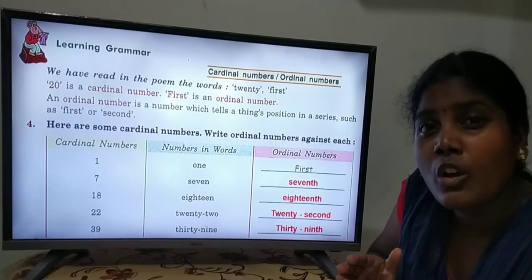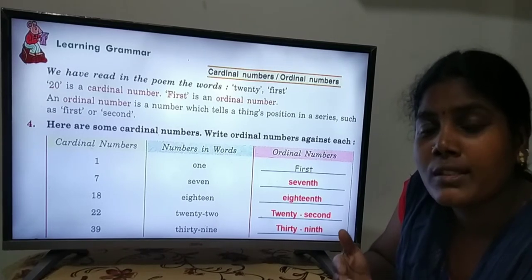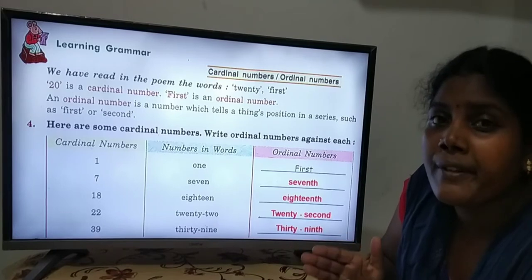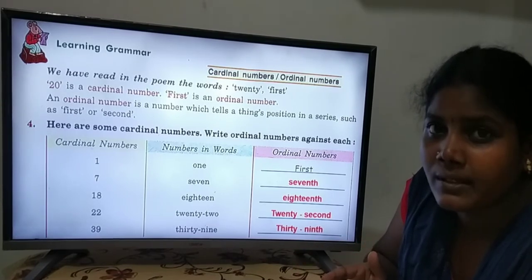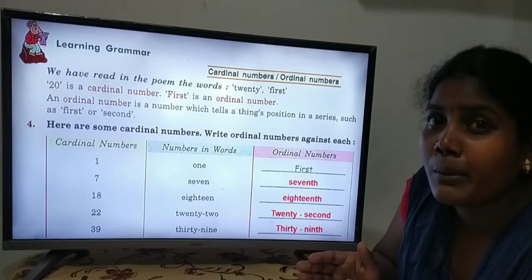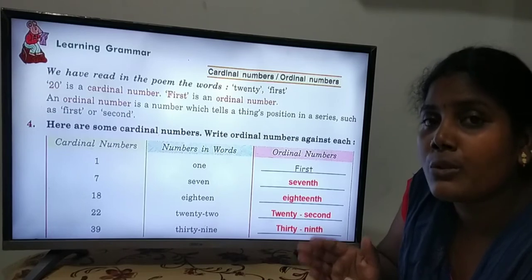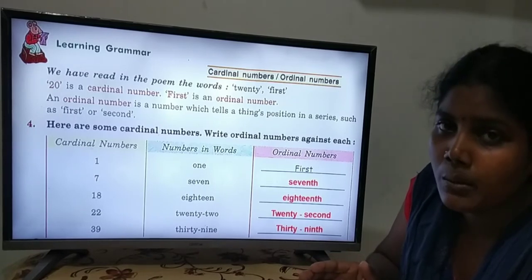Normally we can count the numbers, that is cardinal numbers. Ordinal numbers: first, second, third, fourth, fifth, sixth, seventh. When we are talking about the position, that time we can use the ordinal numbers. This is the difference between cardinal numbers and ordinal numbers.